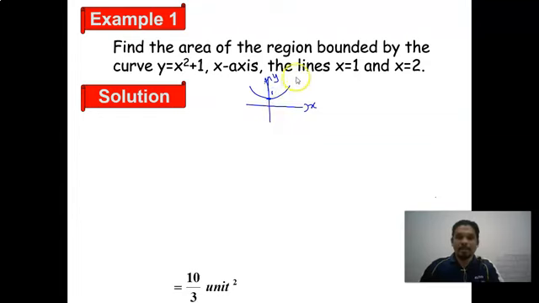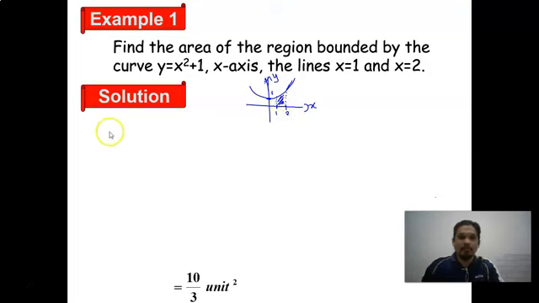And the lines x equal to 1 until x equal to 2. So this is the coordinate x equal to 1 and this x equal to 2. So this is the area.